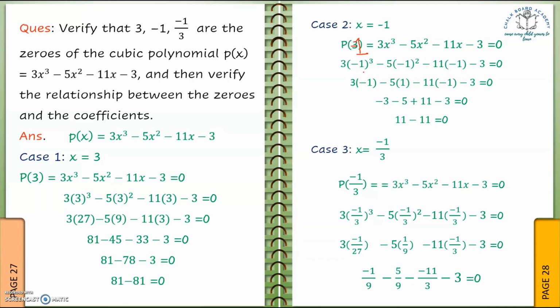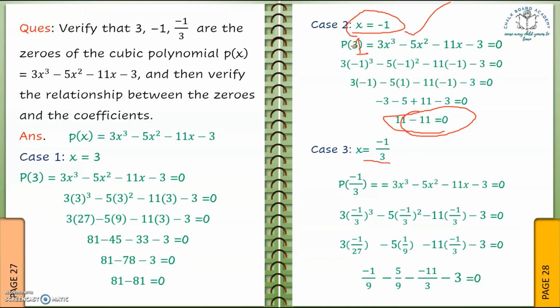So 3 into -1 cube minus 5 into -1 square minus 11 into -1 minus 3 is equal to 0. Here again, by calculating further, we will find out that this is equal to 0. So yes, again x is equal to -1 is the 0 of this given polynomial.